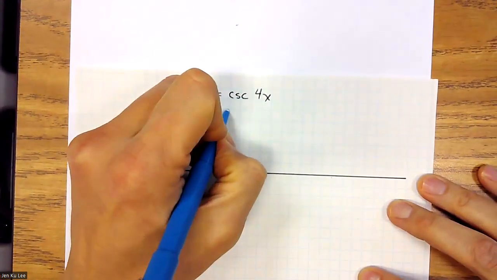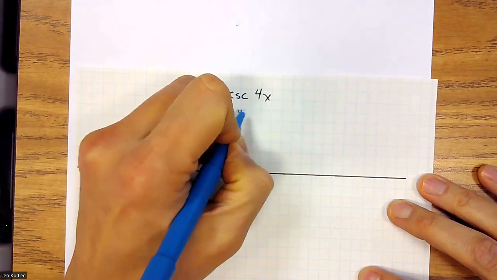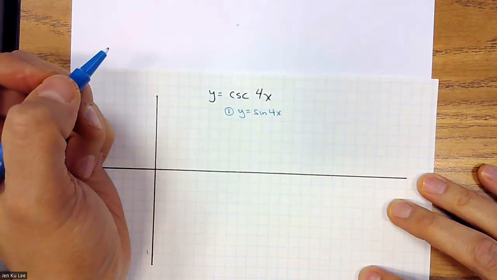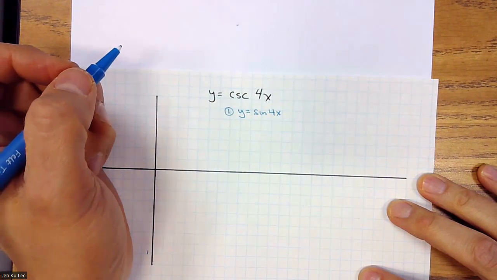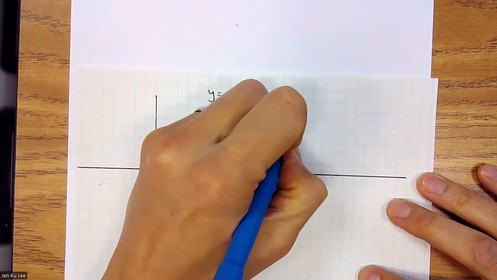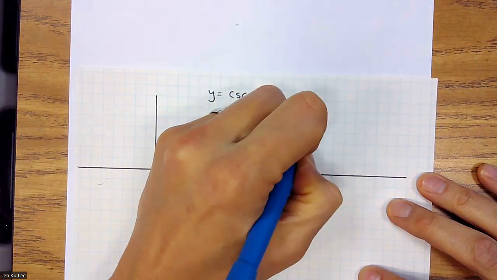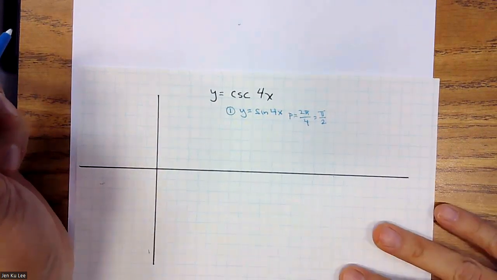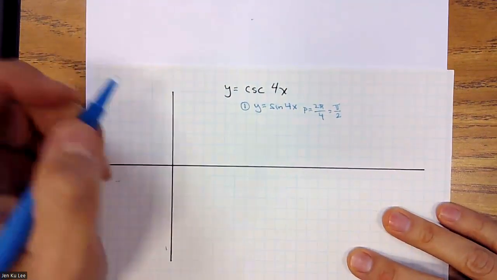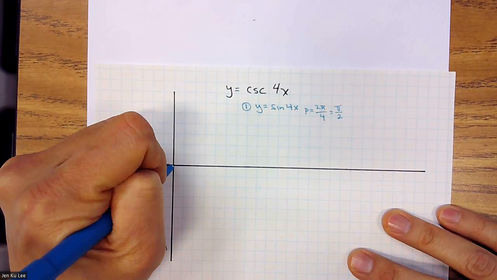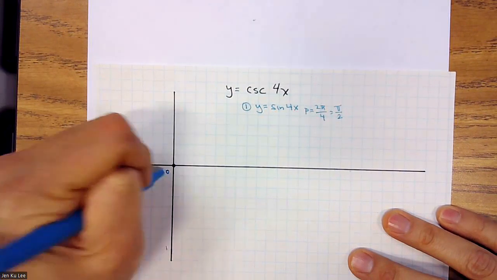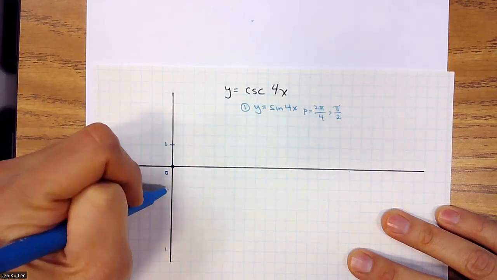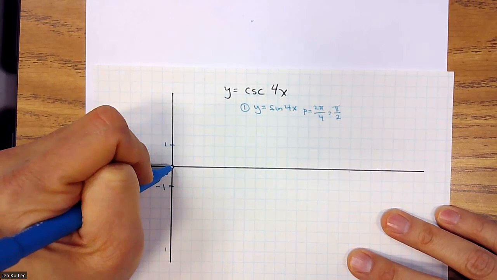I'm going to start off by graphing y equals sine of 4x. My amplitude is still 1. My period here is going to be 2 pi over 4, which is 1/2 or pi over 2. So that's 0. I'm going to make this 1 and this negative 1.